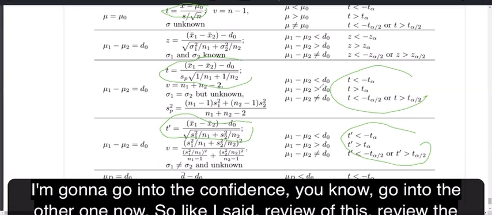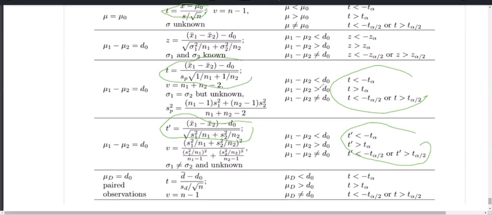That's going to take 60%. The questions are going to revolve around hypothesis testing and confidence interval. That was why I gave you a practical assignment that focuses on hypothesis testing and the confidence interval.